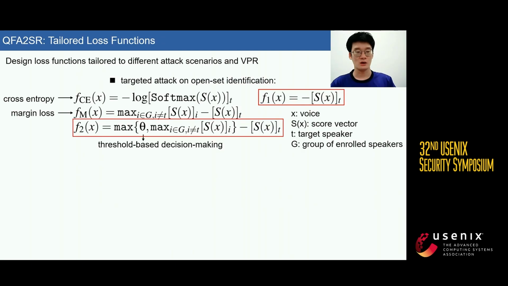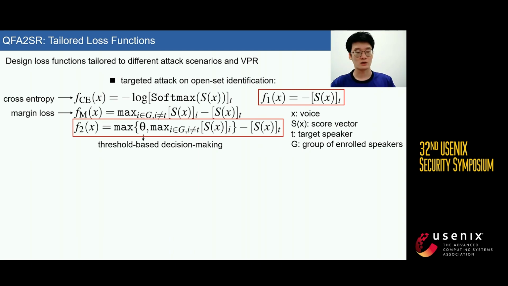The first method, tailored loss function. First, we design many loss functions for each attack scenario of speaker recognition, and then select the best loss function after empirical comparison. For the targeted attack on open-set identification, we use four loss functions, including the cross entropy and the margin loss.